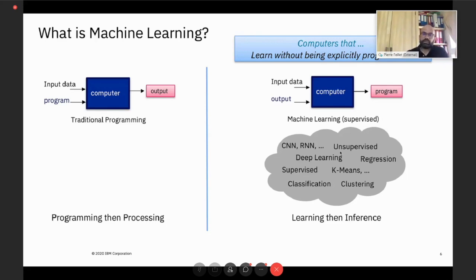And in the ML landscape, you have many families and areas, with supervised, unsupervised, and you have very well-known algorithms that have been in this field for years, like k-means, or logistic regressions, and they are classics. And neural networks are not new at all, and they are coming from the 60s.